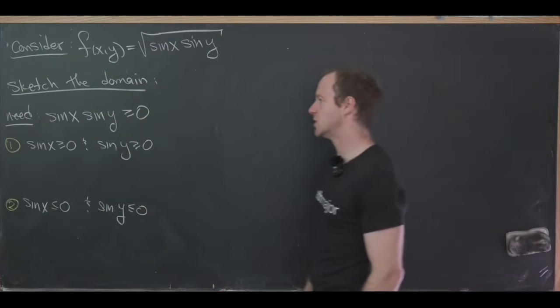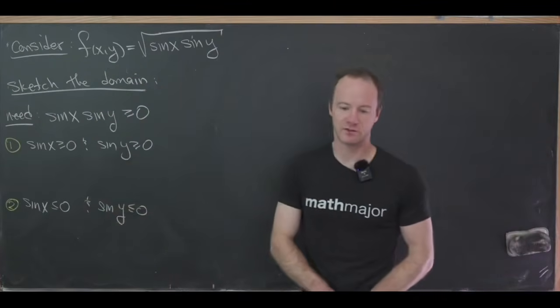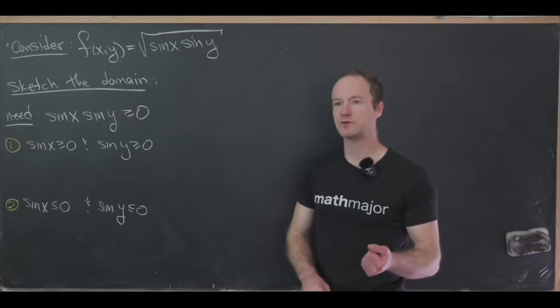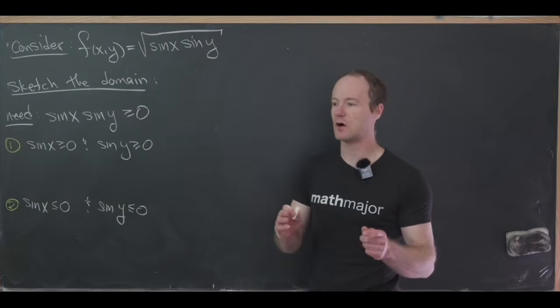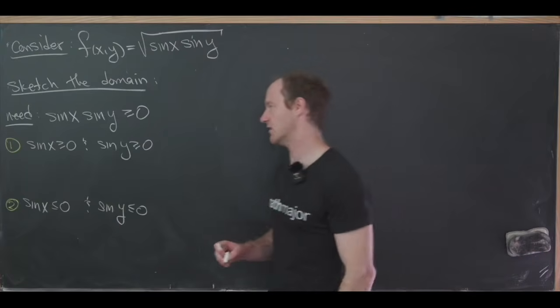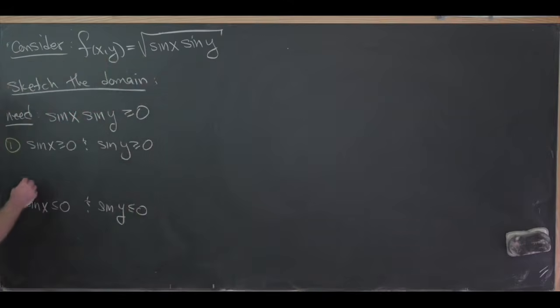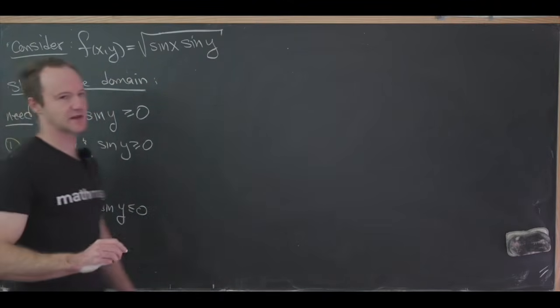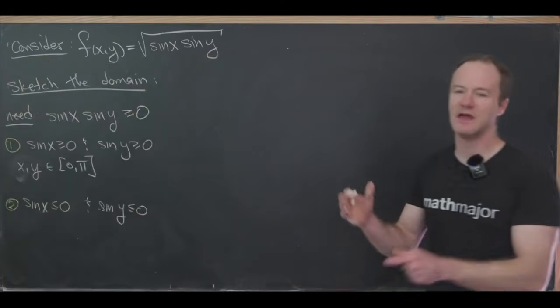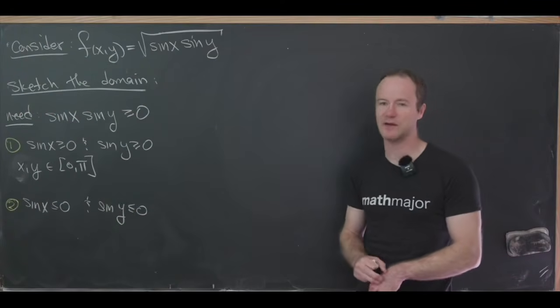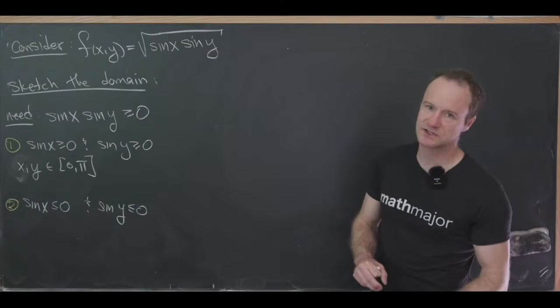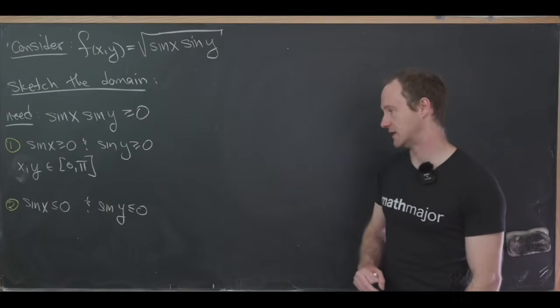So let's see, when is sine bigger than or equal to 0? Well, that's going to be between 0 and pi, and then all 2 pi multiples of that. So maybe we could write this as x and y are in the interval from 0 to pi, and then like I said, all 2 pi multiples of that. But when we get to drawing the picture, we'll fill that in.